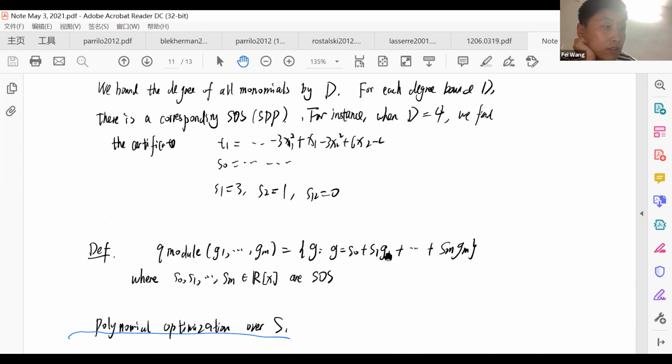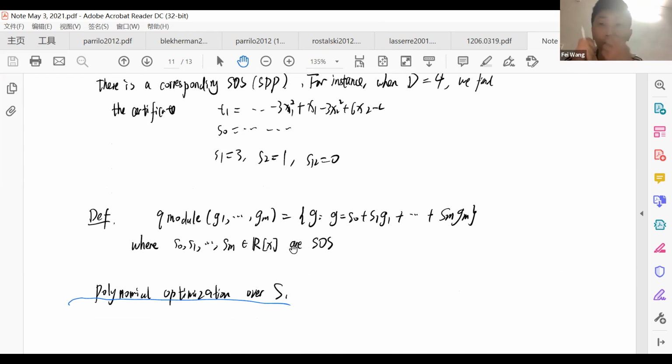So now we introduce a different definition, called the quadratic module, which is much simpler than the preorder.